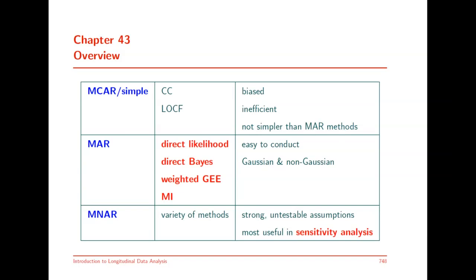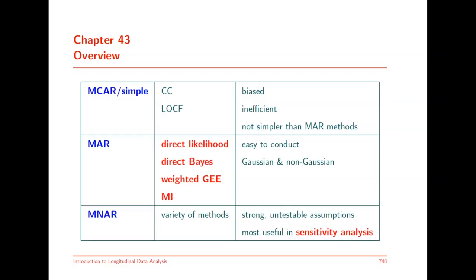But the reliable results, they come from using multiple imputation and or direct likelihood. Of course, we can always find pathological cases where one is not really performing very well, etc. But by and large, multiple imputation and direct likelihood, or sometimes also called ignorable likelihoods, are fairly robust techniques in that sense.